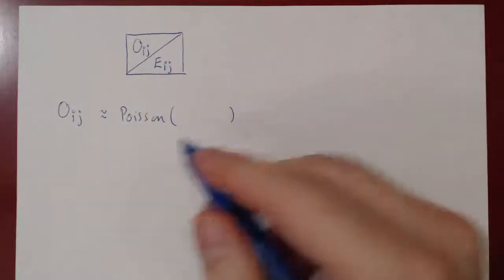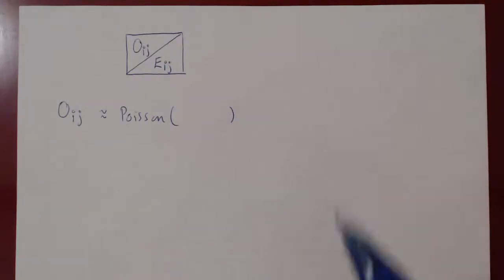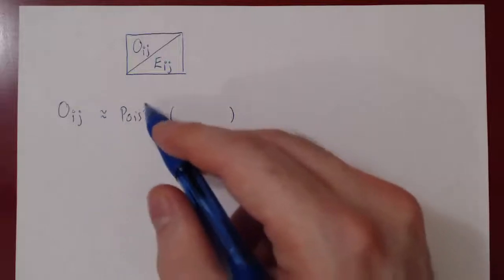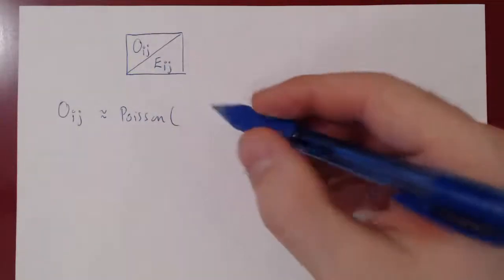And what is the mean? The Poisson only needs one parameter, that is the mean, but the mean is the expected value. So under H0, OIJ will follow approximately a Poisson distribution with a mean and expected value of EIJ.